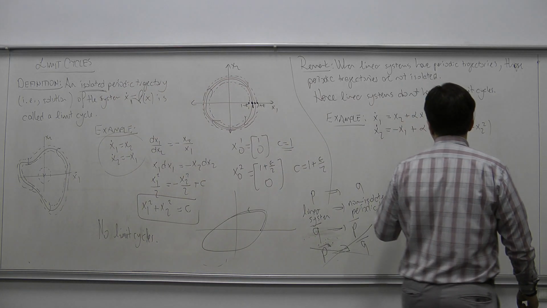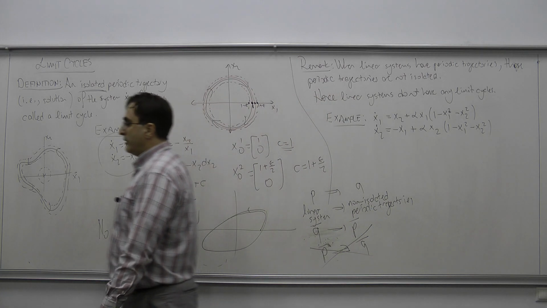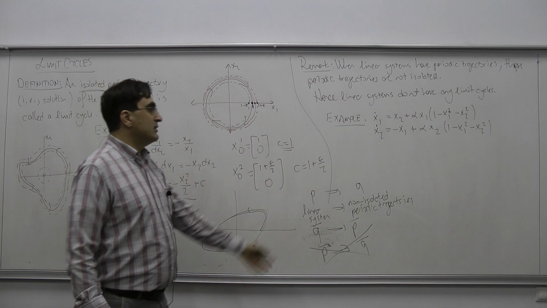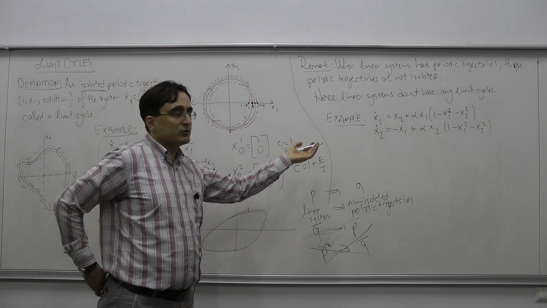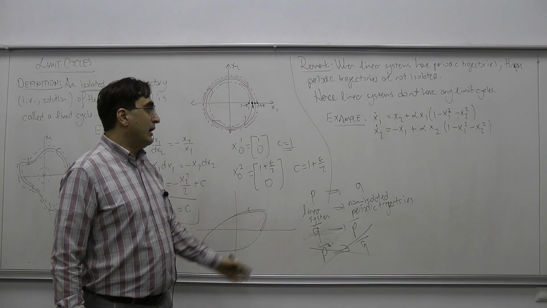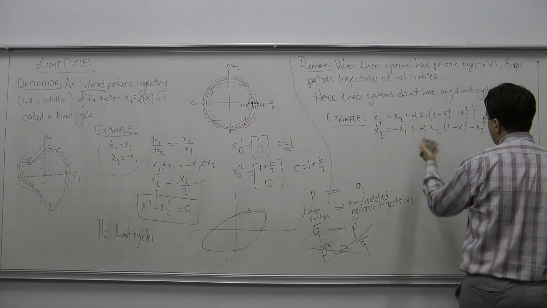So now let us try to look at this system. Let us try to go back to that system. It is clear that we will not be able to see the global trajectories of that system without some analysis. And by analysis, I mean a coordinate change.